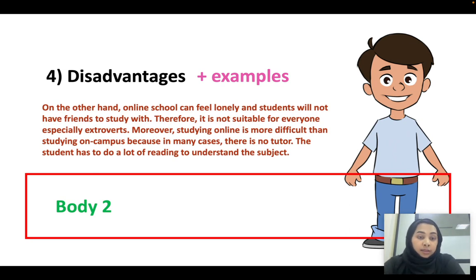On the other hand, online school can feel lonely and the students will not have friends to study with. This is one point. Therefore, it is not suitable for everyone, especially extroverts. Moreover, studying online is more difficult than studying on campus because in many cases there is no tutor. The student has to do a lot of reading to understand the subject. Okay?